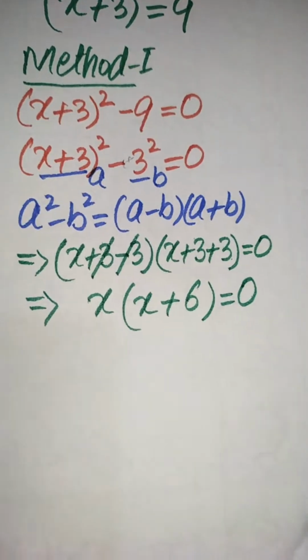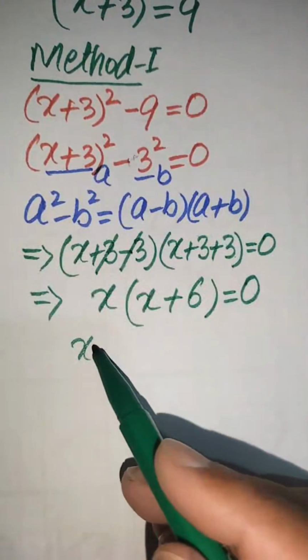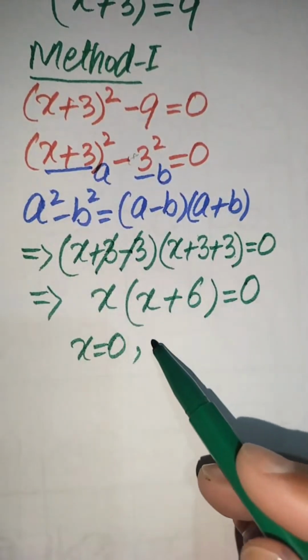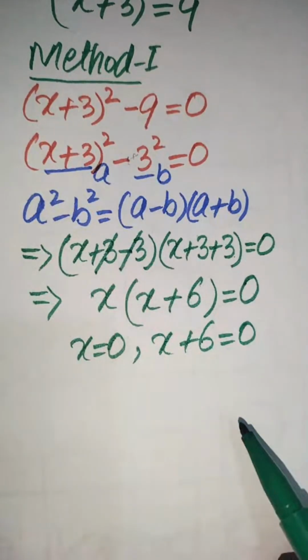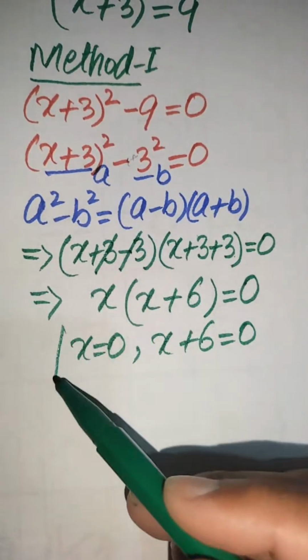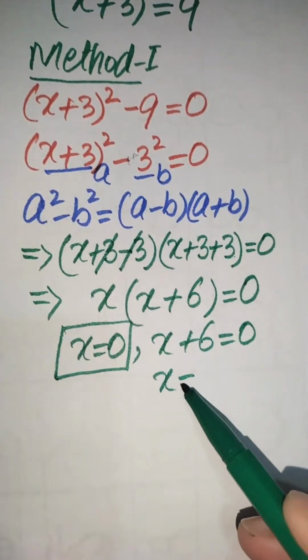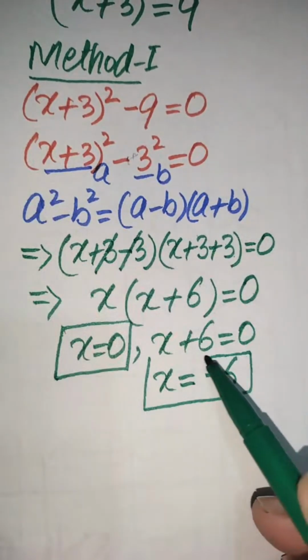Now we divide this equation into two cases. The first case is x = 0, and the second case is x + 6 = 0. So this is the first root of the given equation, and from here we get the value of x = -6. This is the second root of the given equation.